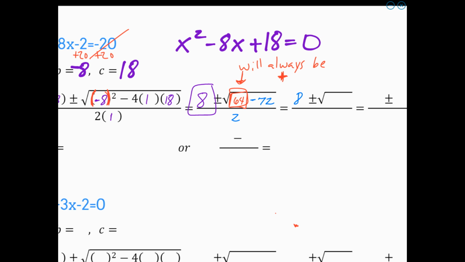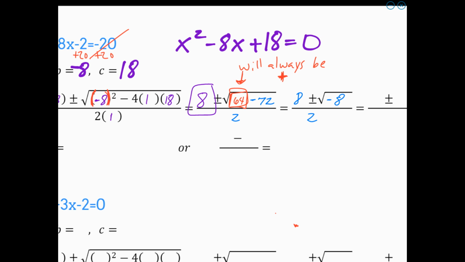I get a negative what? 64 minus 72. 72 is bigger, isn't it? If I put the square root of negative 8 on my calculator, what does it tell me? Error or no real numbers exist.